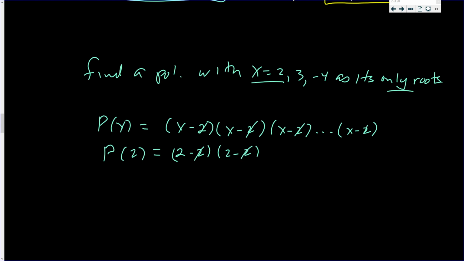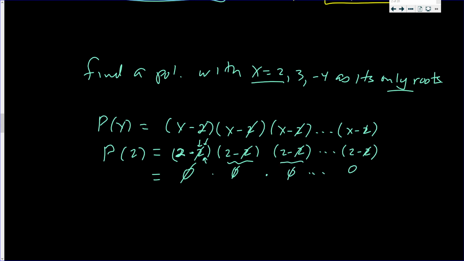Well, I can't give you the exact value of 2 minus a number different than 2, but I can guarantee you it won't be 0, because only 2 minus 2 would be 0.